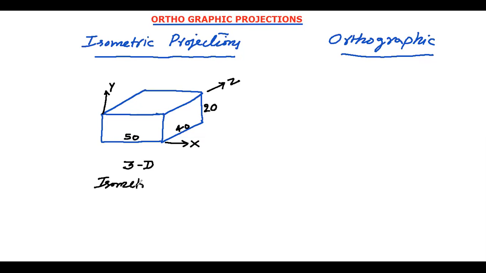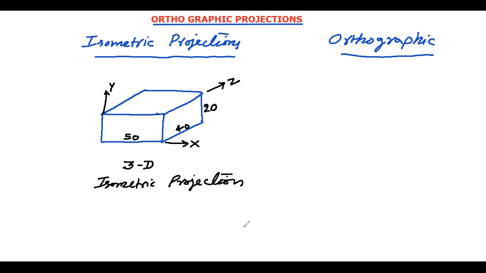So isometric projection is nothing but a three-dimensional representation of an object. We represent all the three dimensions in a single picture, in a single drawing. Okay, dosto.